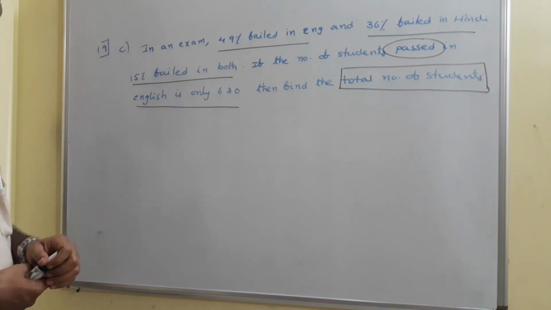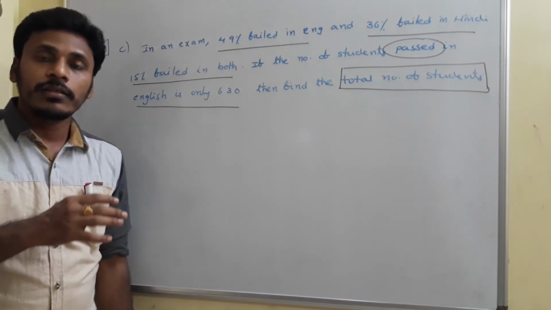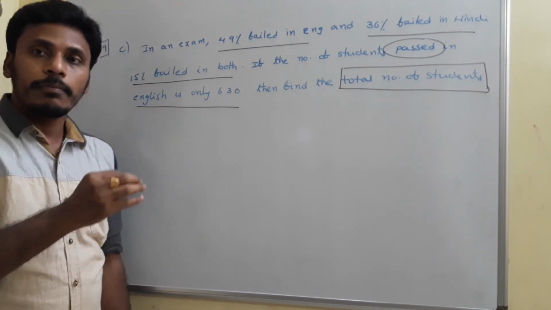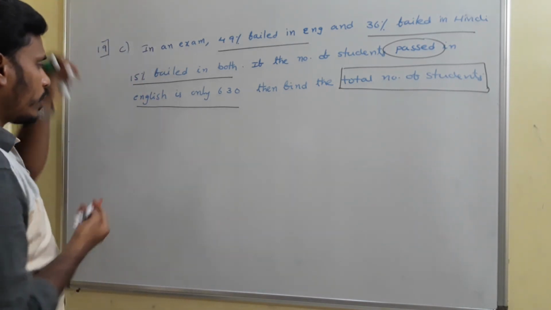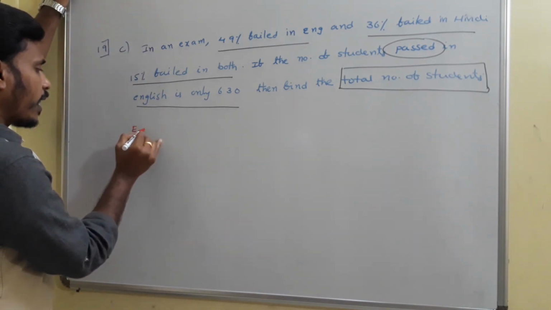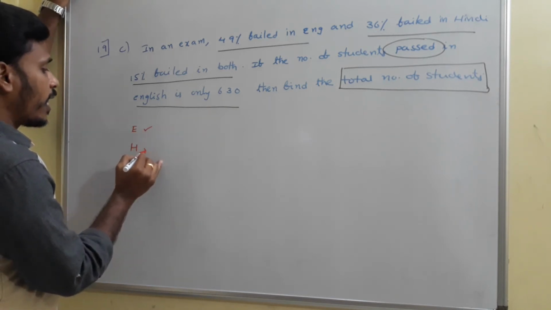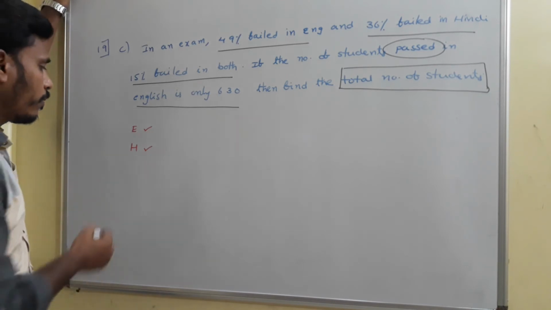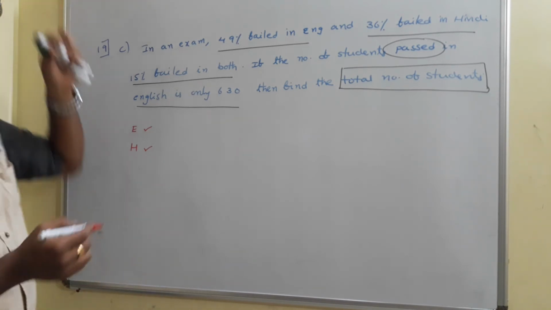49% failed in English, 36% failed in Hindi, 15% failed in both. Okay. Suppose you consider E as the persons who passed in English, and H as the persons who passed in Hindi, and E intersection H and E union H are everything you know.